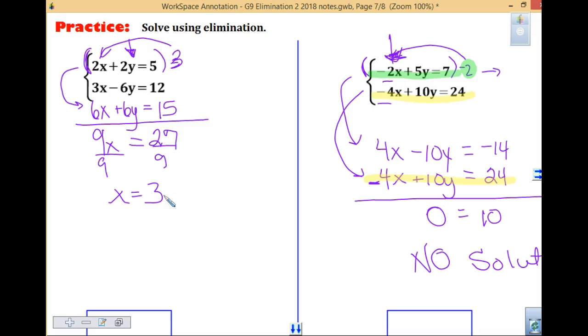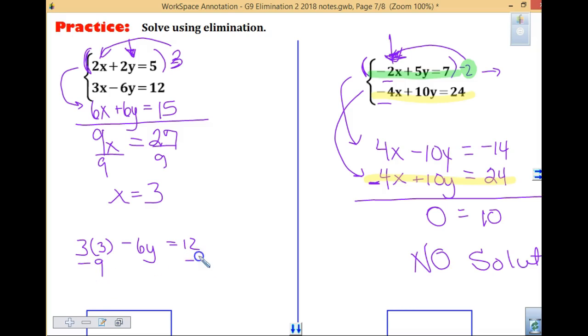Which equation do we want to look at now? First or second? Doesn't matter. Second. So in the second, we're writing 3 times 3 minus 6 times y equals 12. 3 times 3 is 9, which means what do we have to subtract from both sides?